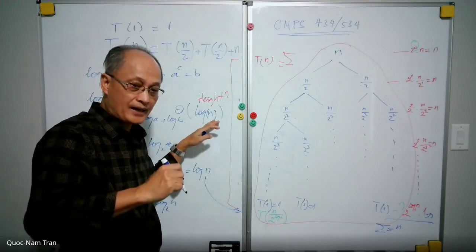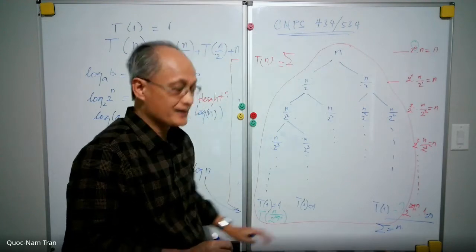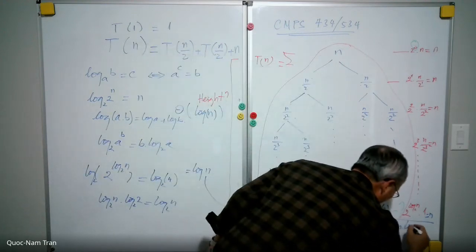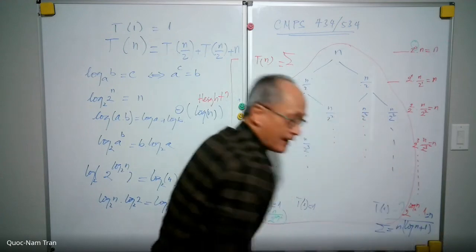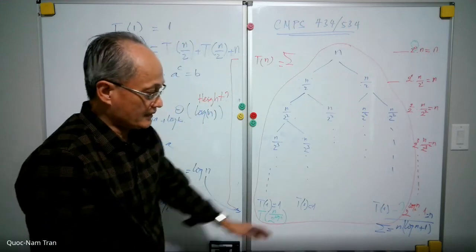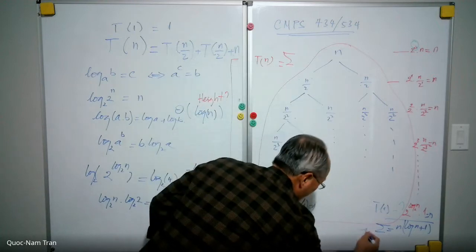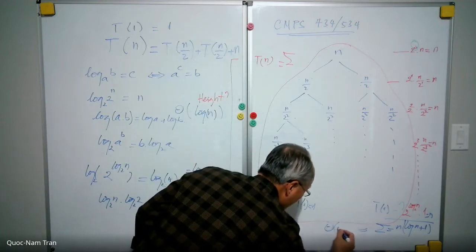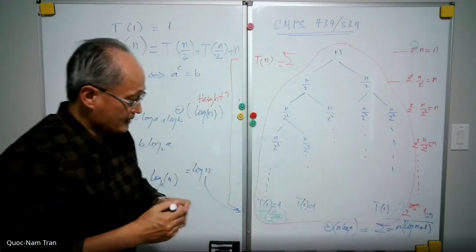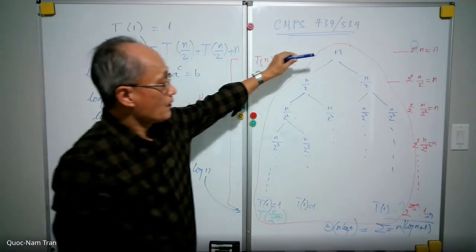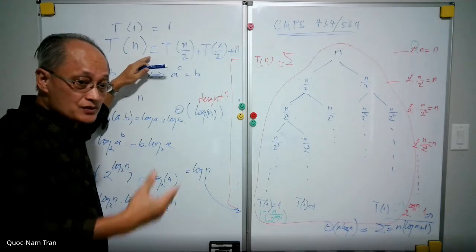More precisely, log n plus 1, because it goes from 0 to log n. So it's n times log n. But when n is big enough, log n plus 1 is the same as log n. That is why we say that is theta of n log n. So that is what we have when we analyze the complexity of the merge sort.